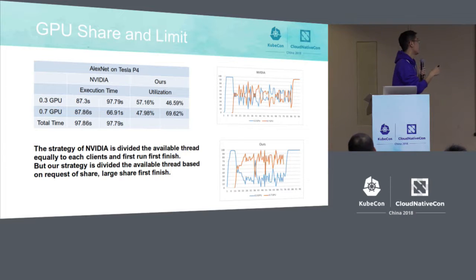But the service with 0.7 GPU will finish earlier than the service with 0.3 GPU. So our strategy divides based on the requested share, and the larger share will finish first. And when the task using 0.7 GPU is completed, that part becomes available. Then the task with 0.3 GPU can use it.